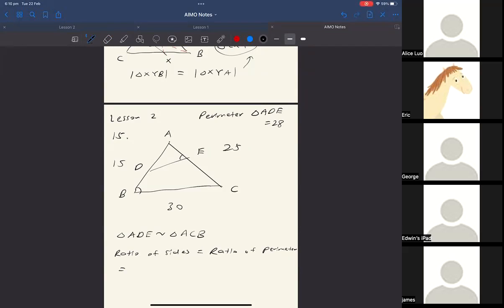Can anyone tell me what the ratio of the perimeter is? Sorry, the ratio of the sides?